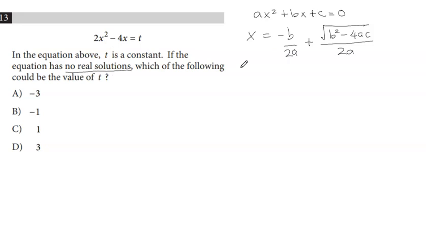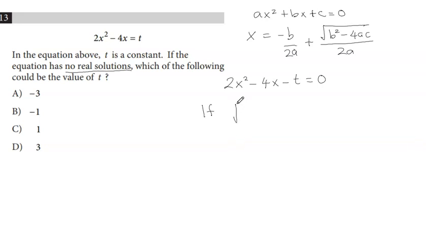All right, so we try to rewrite our expression like this, 4x. And I bring the t over to the left, right? So we're saying that if what is under the square root sign is less than 0, then we have a problem.